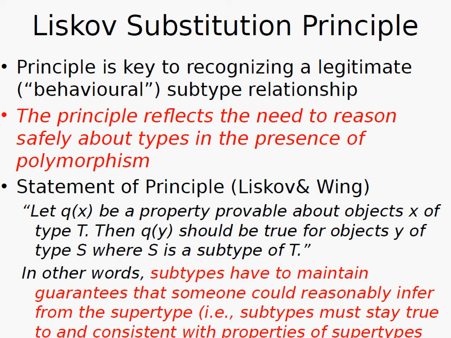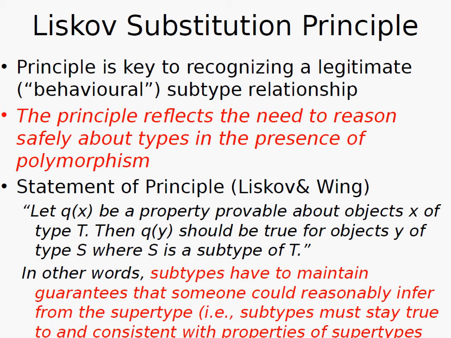And we talk about this being a principle to formulate behavioral subtypes. Subtypes that are not merely apparent subtypes claimed to the compiler, but in fact are legitimate behavioral subtypes where there's a genuine subtype relationship. So there's only so much of that the compiler is going to be able to check for you.